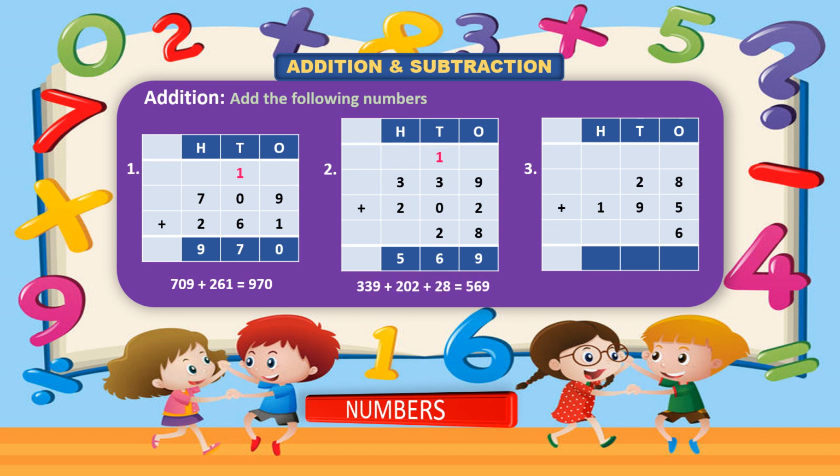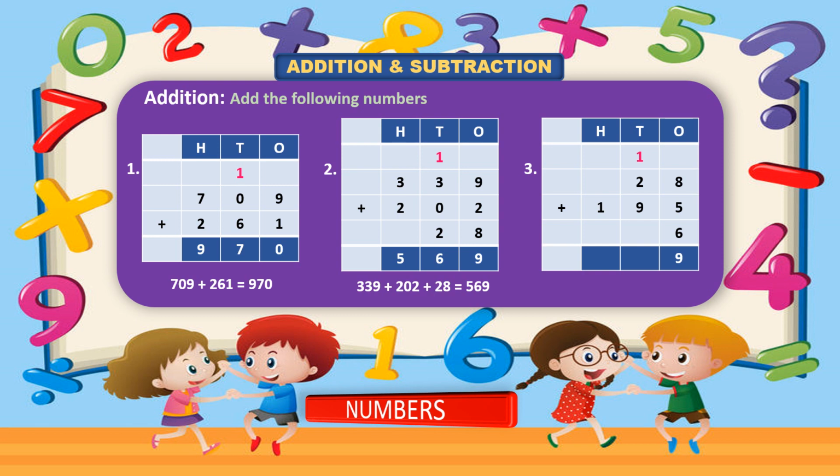And the last sum is 28 plus 195 plus 6. 8 plus 5 plus 6 is equal to 19. We put 9 in ones place and 1 in tens place.